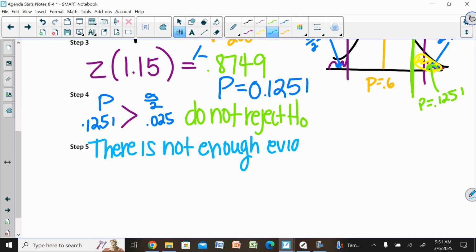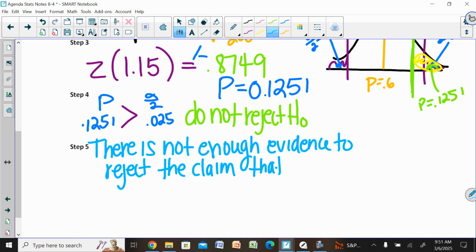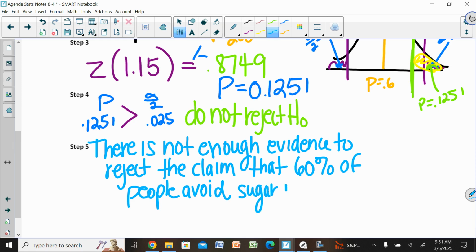There's not enough evidence to reject the claim that 60% of people avoid sugar in their diets. I go right back to the statement. I try to pick the words right out of the original problem. And we have completed our first z-test for a proportion. So let's do one more. I've got one more.